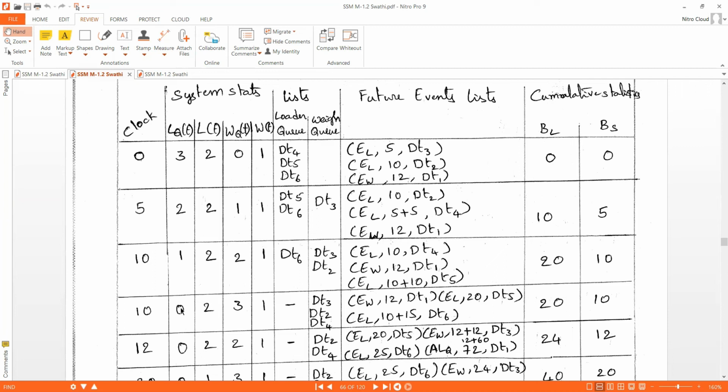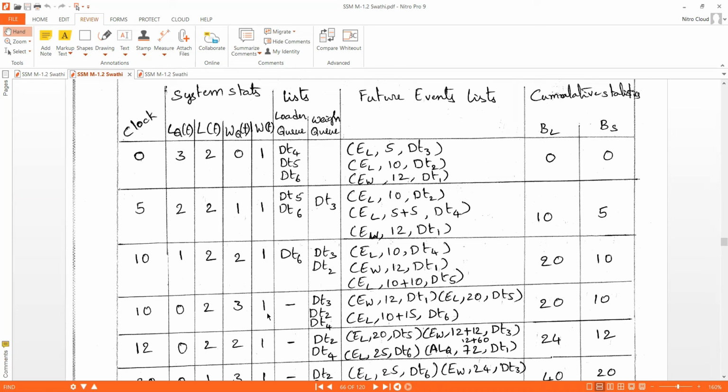So now no one is there in the loader queue. Okay, so loader queue will be 0. LQ of T will become 0. L of T will be 2, and one more truck is added to the weighing queue, that is DT4. So totally the weighing queue will have three trucks.